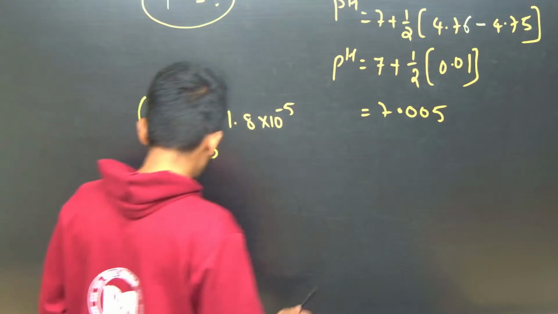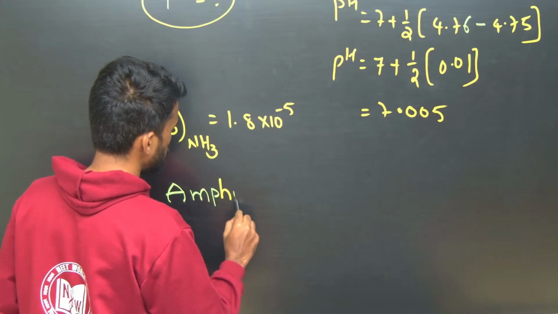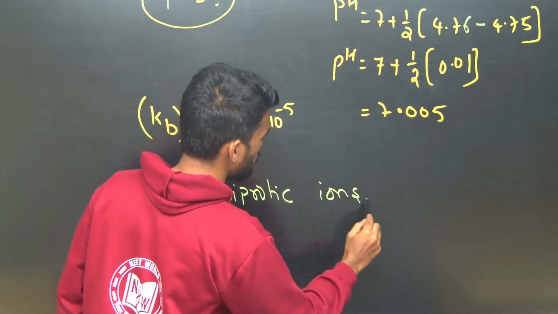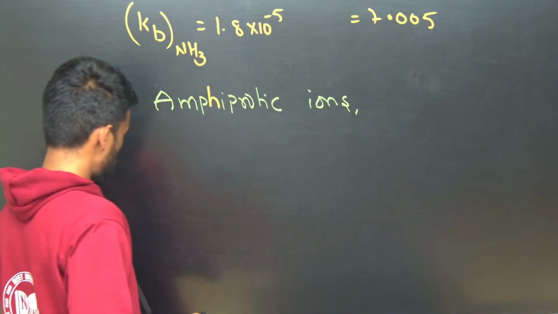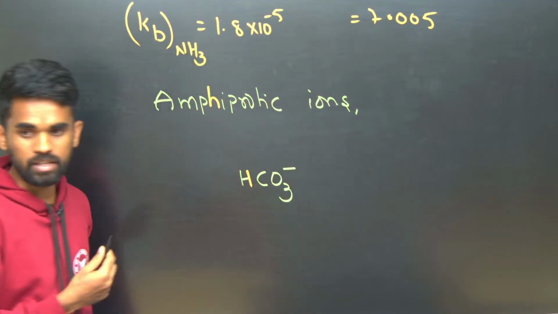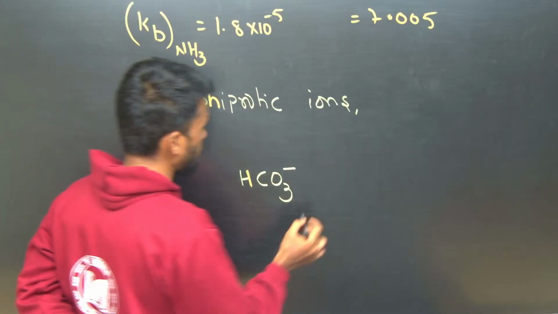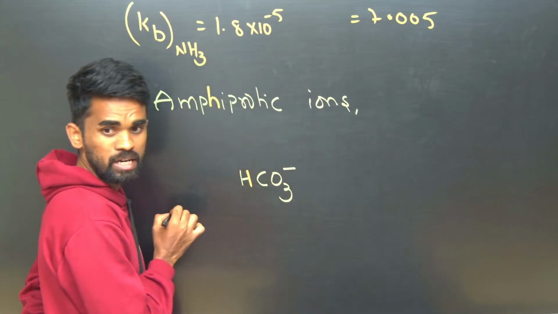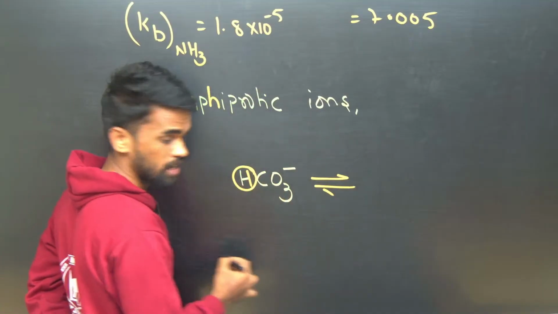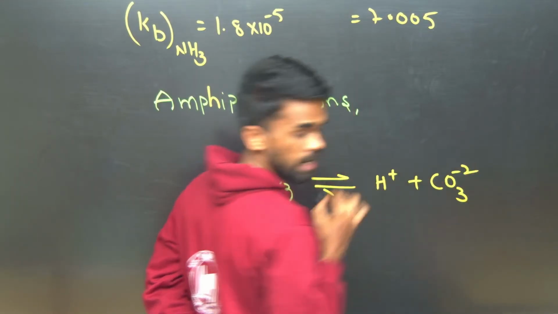Okay, we have something called amphiprotic ions. So what are amphiprotic ions? See, I have a bicarbonate ion here. This bicarbonate ion can release an H plus ion and act as an acid.